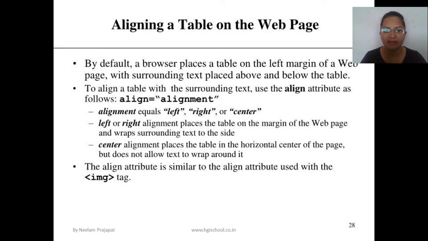But in center, the content will not be wrapped around the table. Now, the align attribute is similar to the align attribute used in the IMG tag. In the IMG tag also we have studied 5 types of alignments. The same way here also it is aligned.